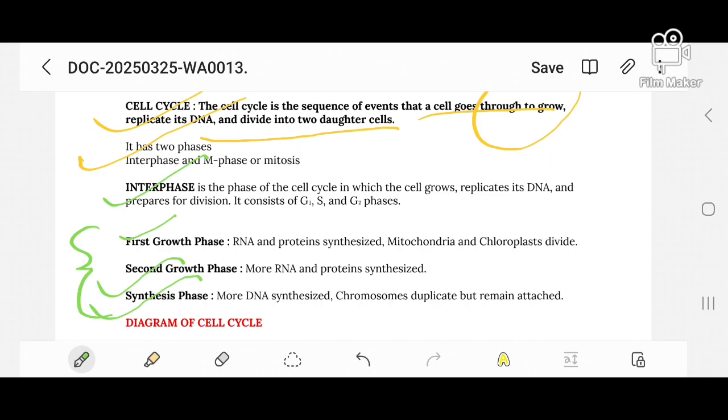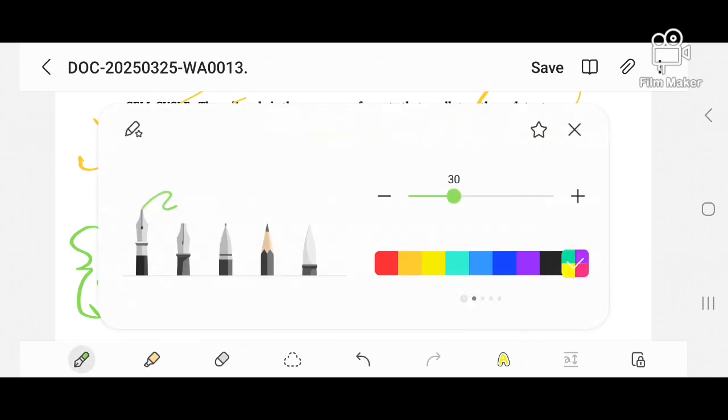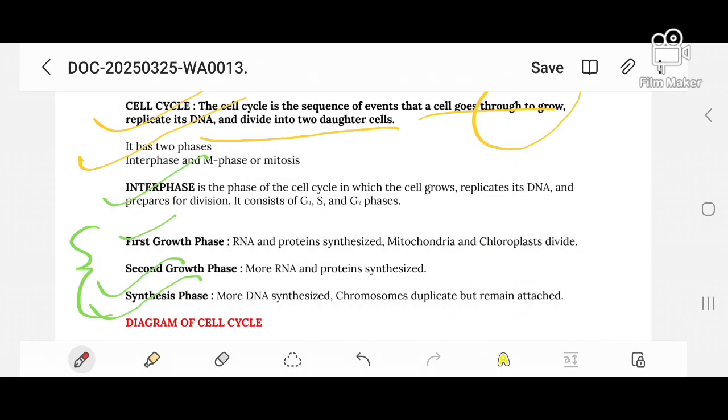Now, what happens in the first growth phase? The RNA, not the DNA. Mark my words, listen very carefully, children. RNA and proteins are synthesized. Mitochondria and chloroplasts are synthesized, and they divide.